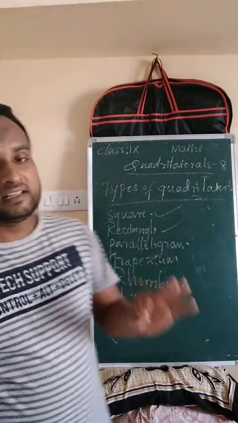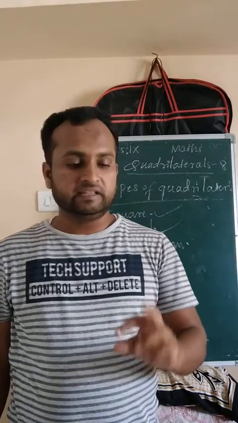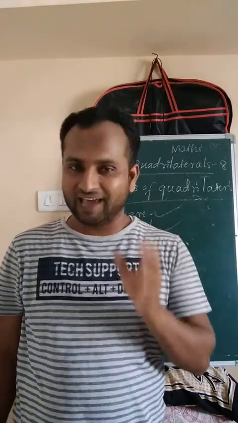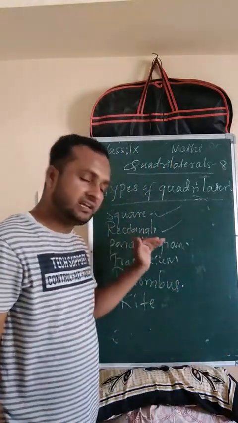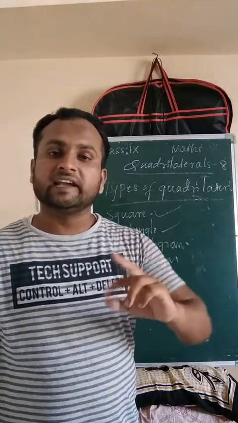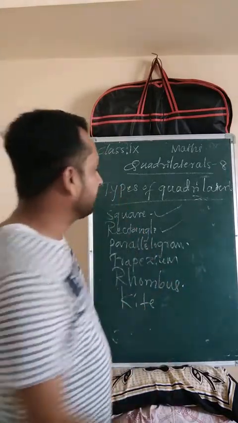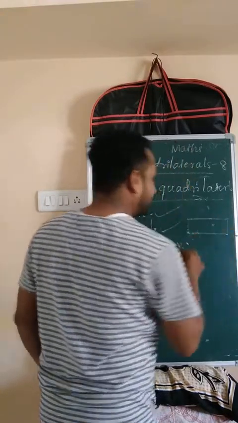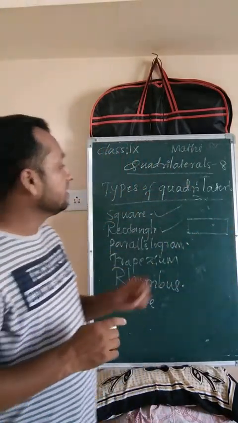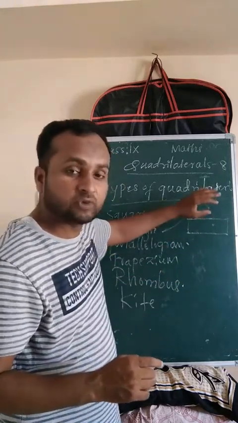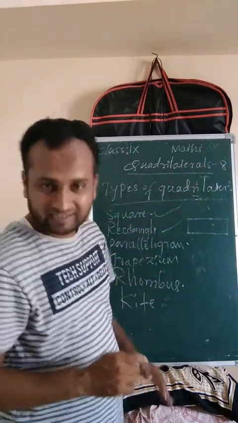A rectangle is a quadrilateral and each opposite sides are equal and parallel. So the main point here, see the definition of the rectangle. A rectangle is a quadrilateral whose opposite sides are equal and parallel. Only opposite sides are equal and parallel. Similarly, you have to observe what is the difference between the properties of a square and a rectangle.